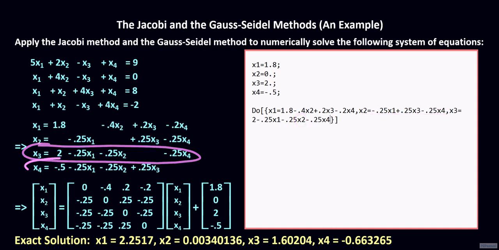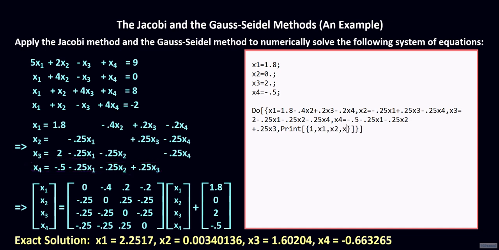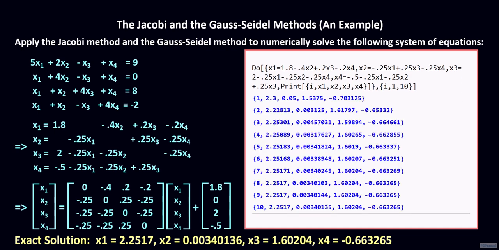And finally, from the fourth equation, x4 equals minus 0.5 minus 0.25 x1 minus 0.25 x2 plus 0.25 x3. We print the iteration number with the results of each iteration. We set I from 1 to 10. We execute the command to get the results from the different iterations.